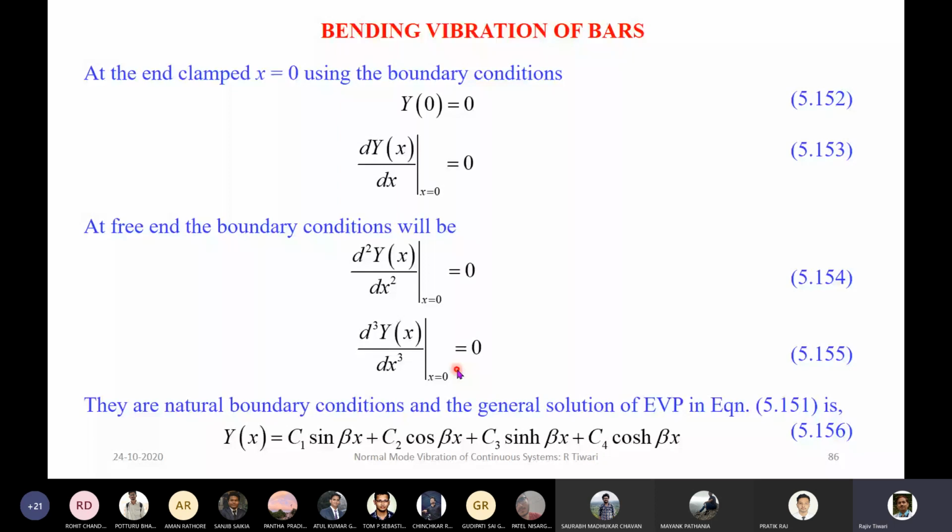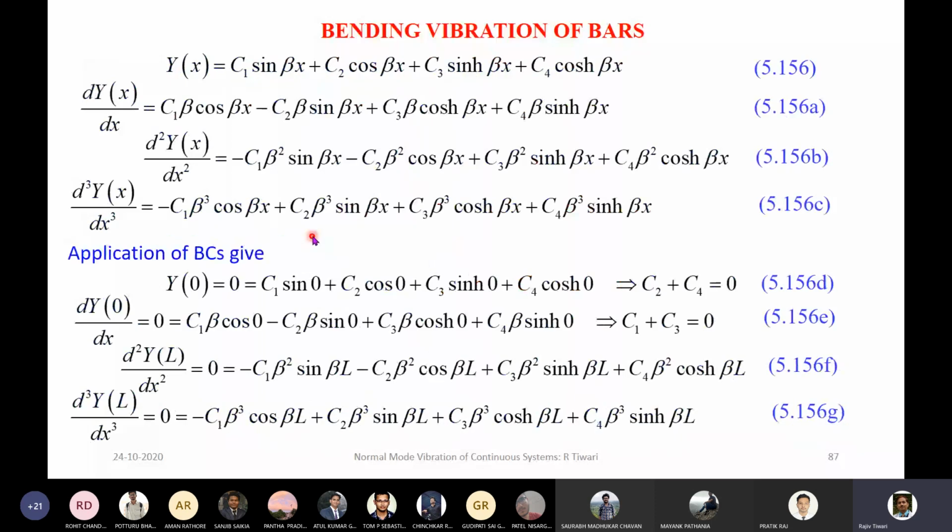These 4 boundary conditions will give us 4 equations to solve for C1, C2, C3, C4. The procedure is the same as we have been doing for the string problem or axial rod case. The only thing is that here the number of terms is more. Now you can see that the boundary conditions involve not only the displacement but also the slope.